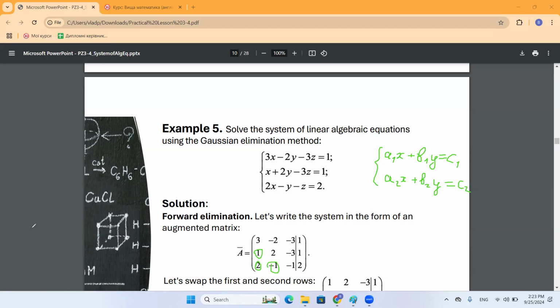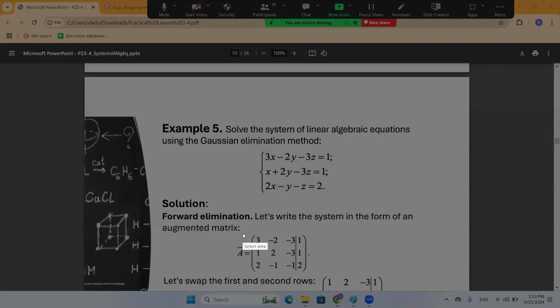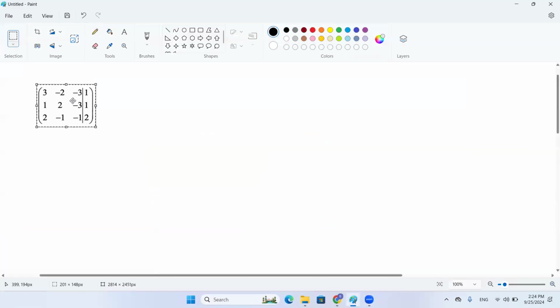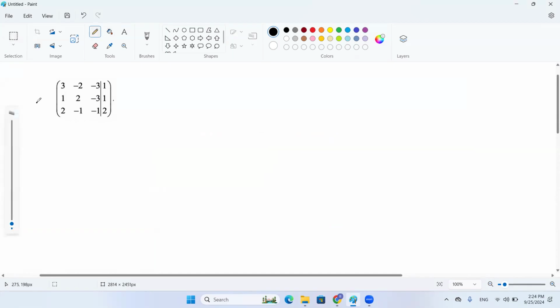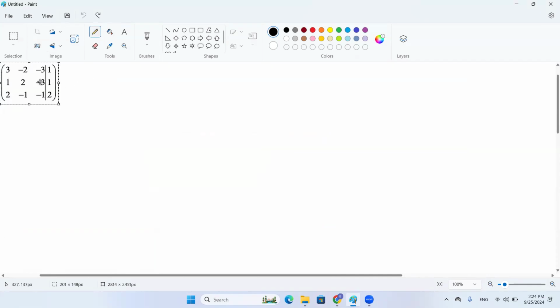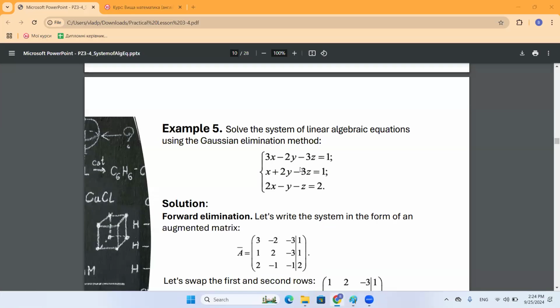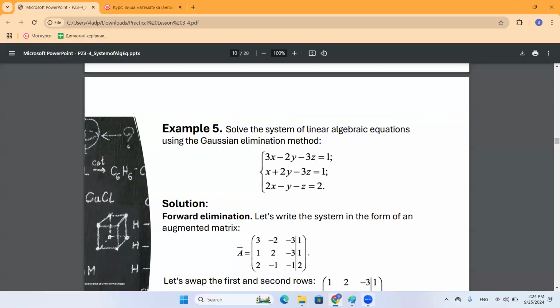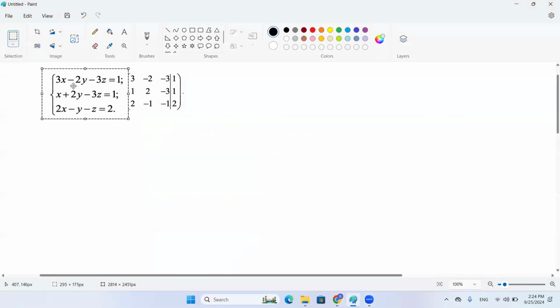Now let's delete it, just not to be afraid of something new. It is not new for you. Okay, and what we actually do, I won't write it from scratch. So let's copy and paste both the system and the matrix form of this system.